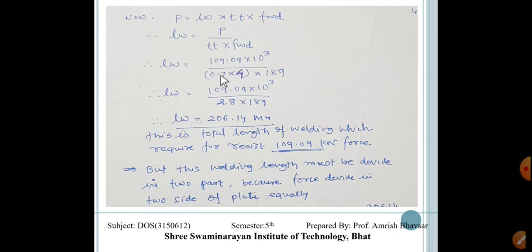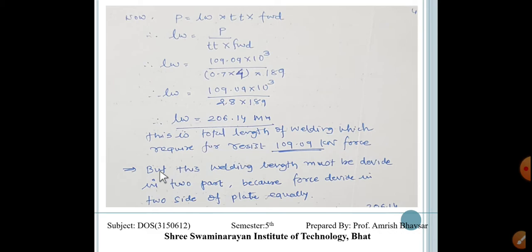And TT is equal to 0.7 into S, that we know, and FWD is equal to 189. Now solving this equation, we get the length of weld as 206.14 mm. So this much length is sufficient to take the tensile force of 109 kilonewton as we found.